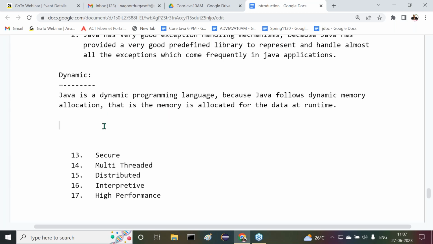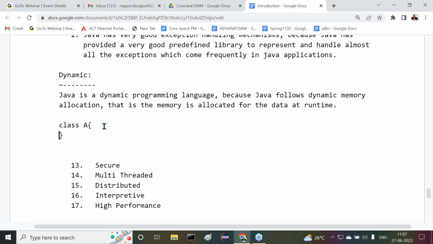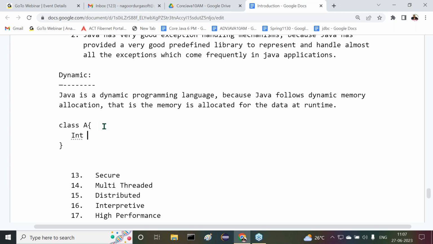In the case of Java, when memory is allocated for the data, how is the data going to be represented? Remember, in Java we provide variables and everything inside classes. Int i = 10, we provided, for example.